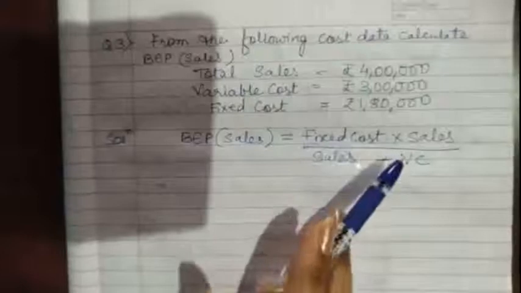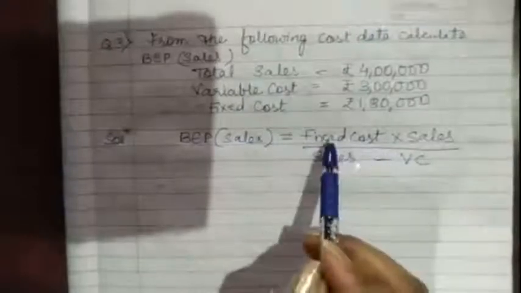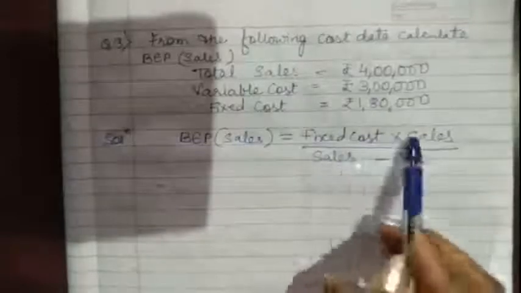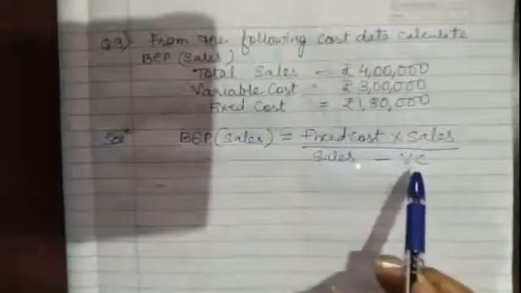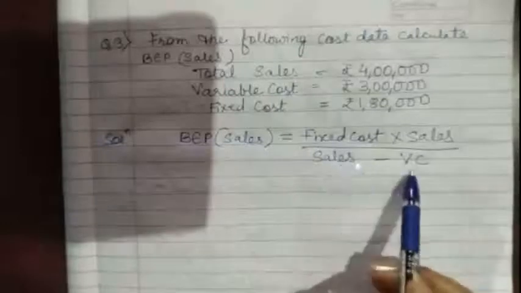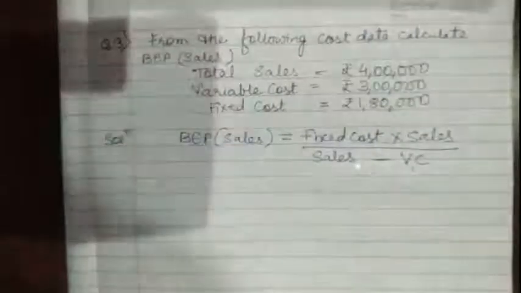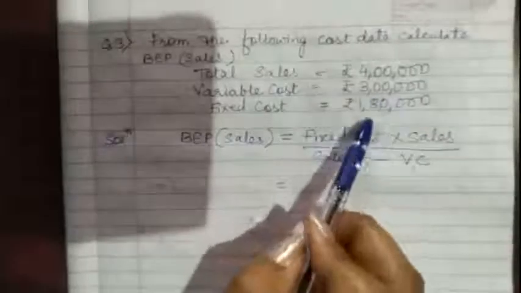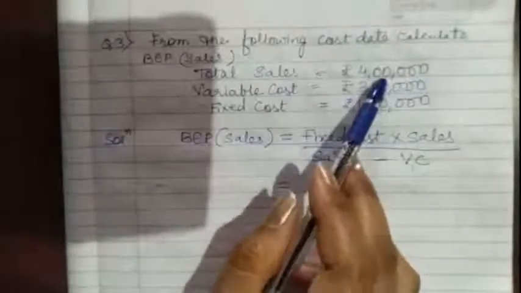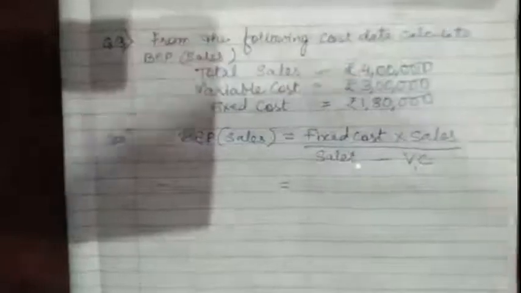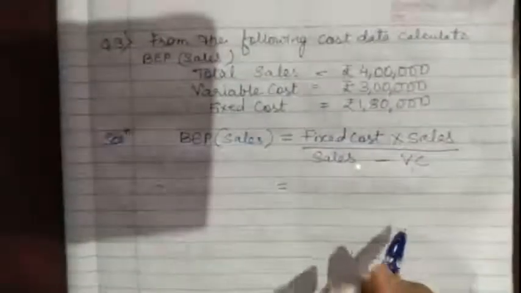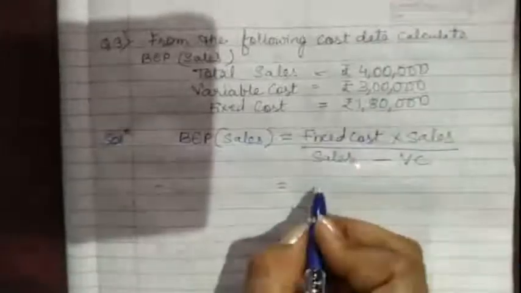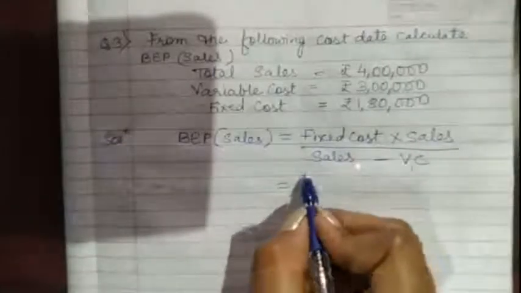This formula is also very easy to remember. Fixed cost into sales, divided by sales minus variable cost. Sales minus variable cost is contribution only. In this question everything is given. Fixed cost is given, variable cost is given, total sales is also given. No need to calculate anything. Directly put the figures into the formula and you will get the answer.